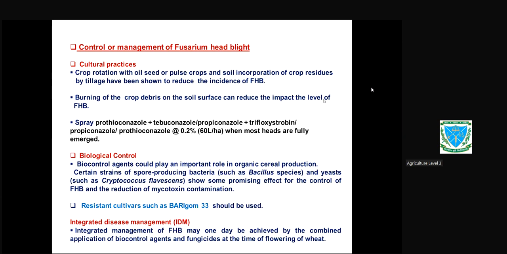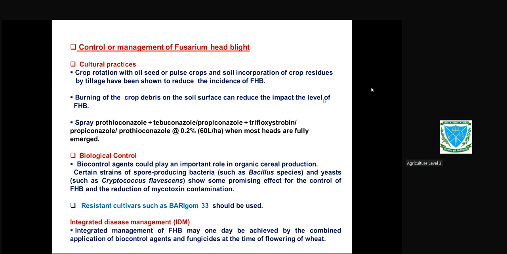Control or management of Fusarium head blight. You see, rotation should be fine. You have to remove the residues and go for crop rotation. And heavy tillage also help to reduce or control Fusarium head blight pathogen. So burning, sanitation, another important things. Spray prothioconazole plus tebuconazole.